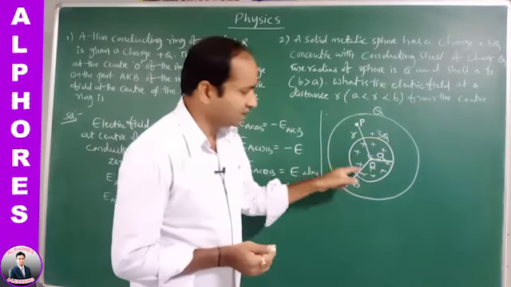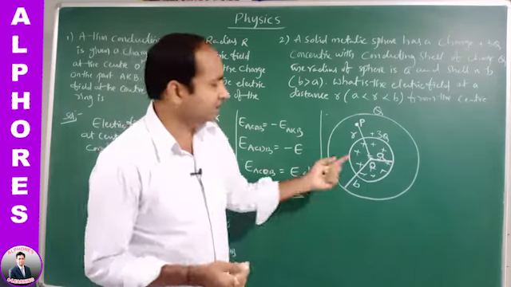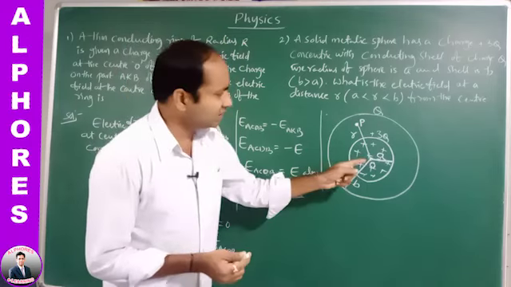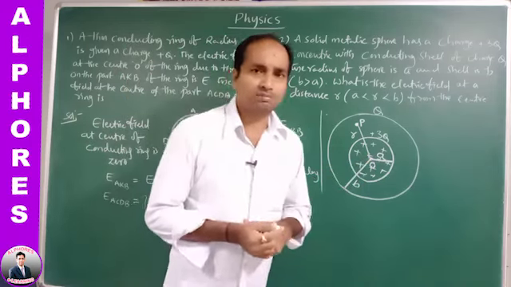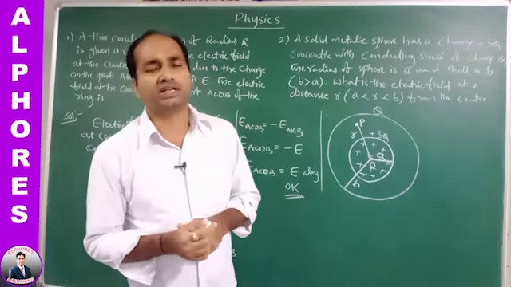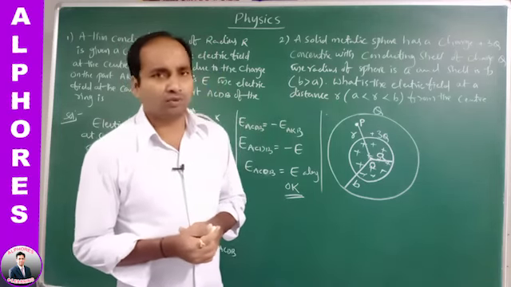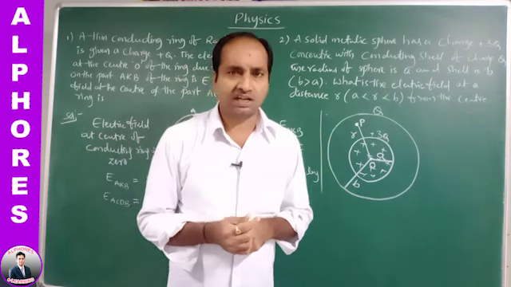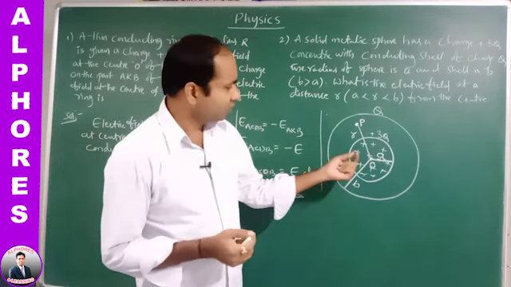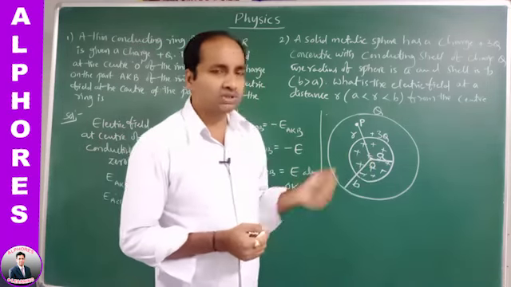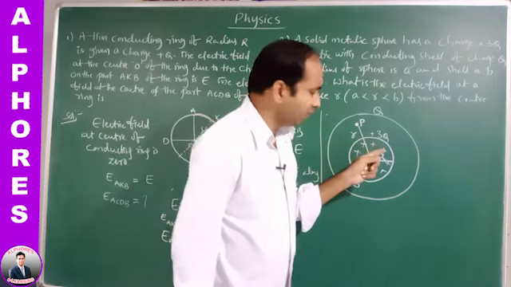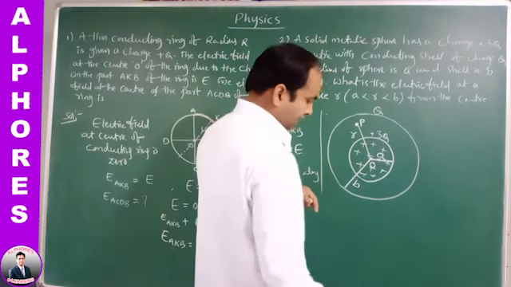First of all, this is a solid conducting sphere. What is the electric field due to the conducting sphere at any point outside the sphere? We already derived these relations. Electric field intensity at any point outside the sphere, what we will get here?